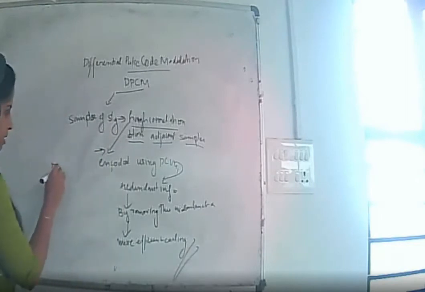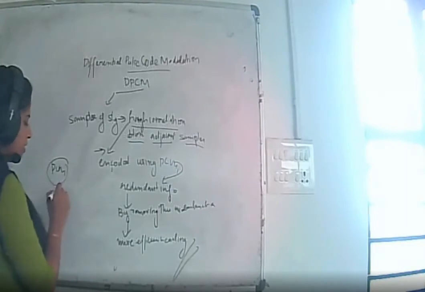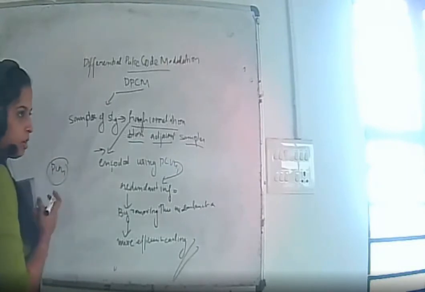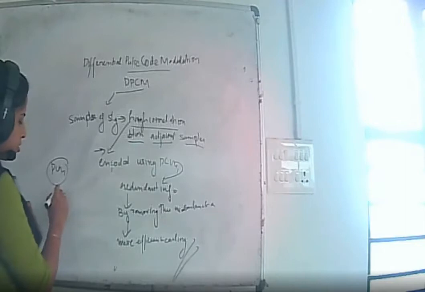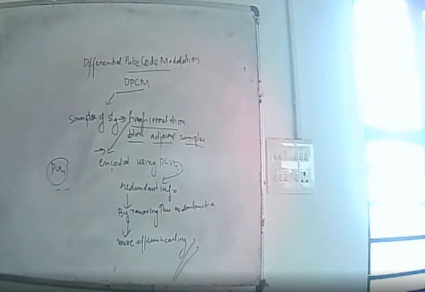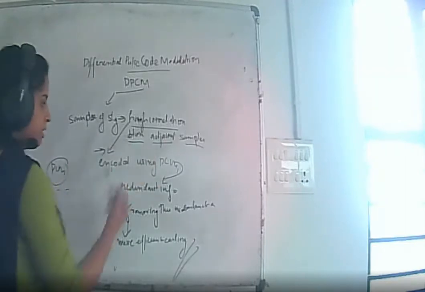In PCM we get samples of the signal. One sample and the next sample are highly correlated, with only little changes between adjacent samples.